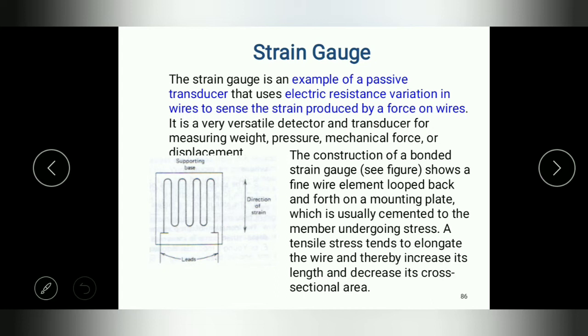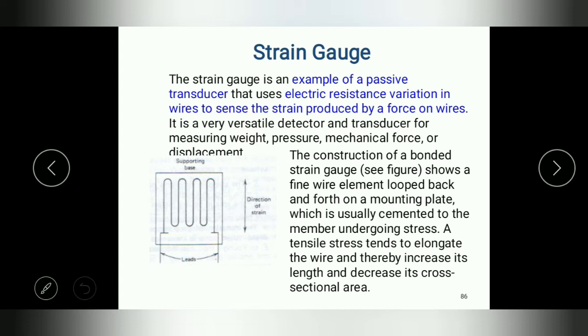Whenever some strain is produced in the wire due to the force, that electric resistance will change. So a change in electric resistance is a measure of strain, displacement or deformation happened to the wire. It is a very versatile detector and transducer for measuring weight, pressure, mechanical force or displacement, so it has a wide range of applications.